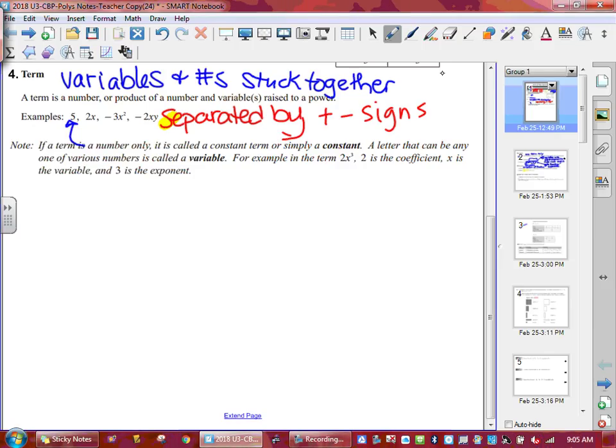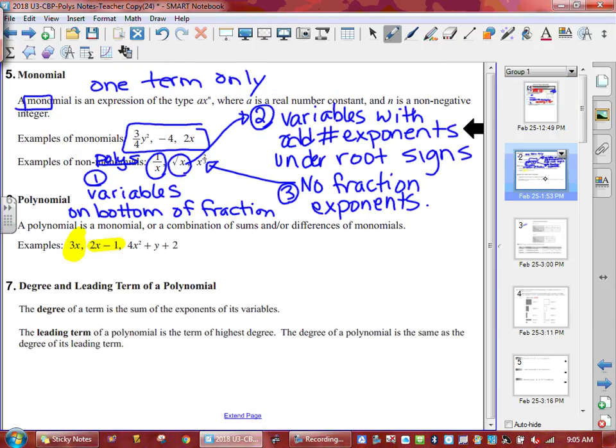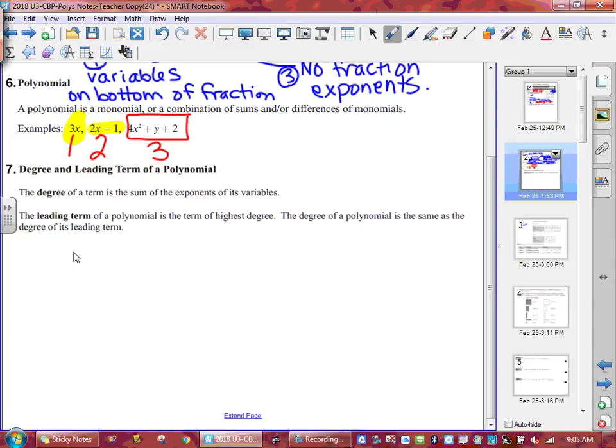So, looking at these guys, this guy has 1 term, this guy has 2 terms. How many does this one have? 3 terms, good. You're just counting how many things are separated by a plus or subtract sign, okay? Now, a 1 term is called a monomial. If I were to replace that prefix, mono, I could change it into a 2 term. What would I change mono to mean 2 terms?